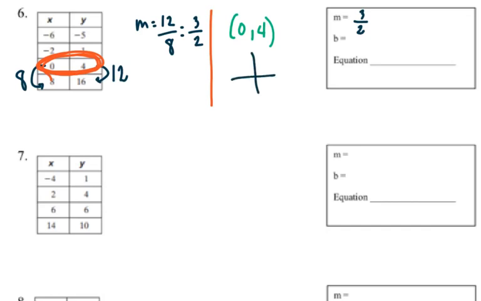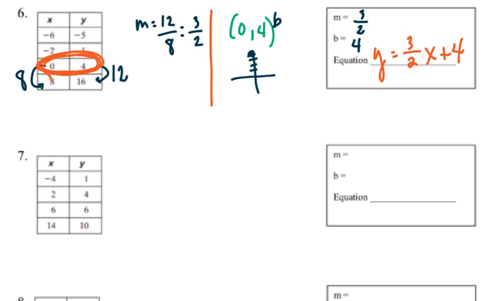If you graphed (0, 4), it's right here. (0, 4) is a y-intercept. My b is 4. They gave us the y-intercept on that table. How nice of them. So my equation is y equals my slope, which is 3 over 2 x, plus b, which is 4. Not too bad.